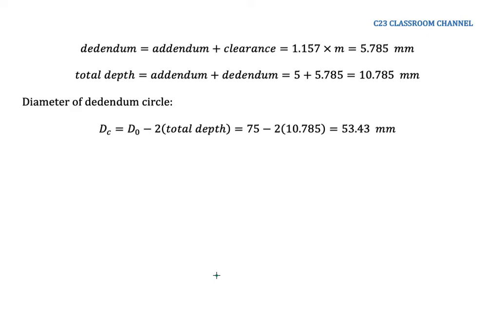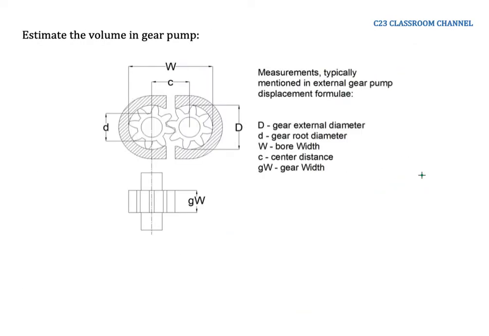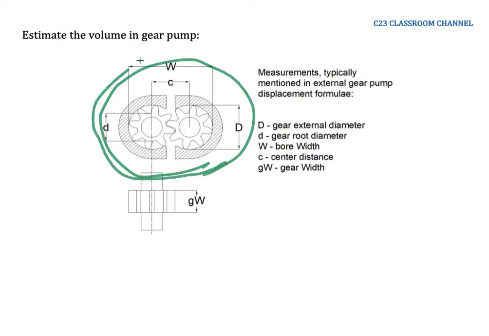Here it's quite complicated, but if you are working on a gear pump, the best way is to get the diagram of that gear pump and then get all the information from this diagram. You need to know the value of W, small d, capital D, C, and the width.